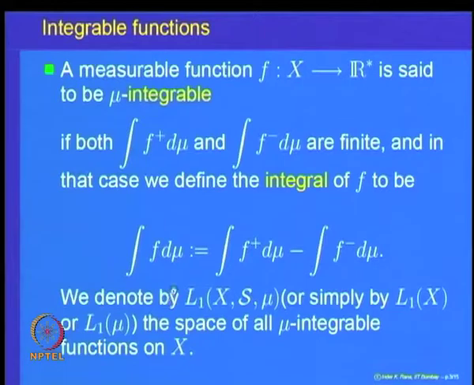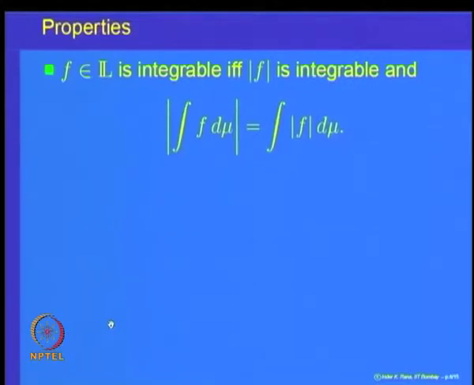So, these are various notations used for denoting integrable functions: L 1 (X, S, mu), or L 1 bracket X, or L 1 bracket mu. So, this is the space of all mu integrable functions. We will start looking at the properties of these functions.